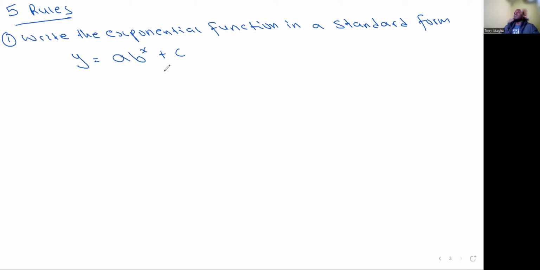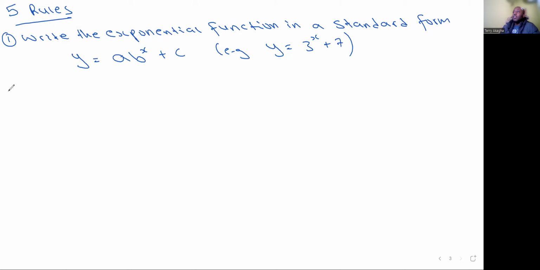So, for instance, you could have something like y = 3^x + 7. This is an exponential function. In this case, you can see a is 1, b is 3, and c is 7. You can have something, but you have to rewrite it in the standard form.